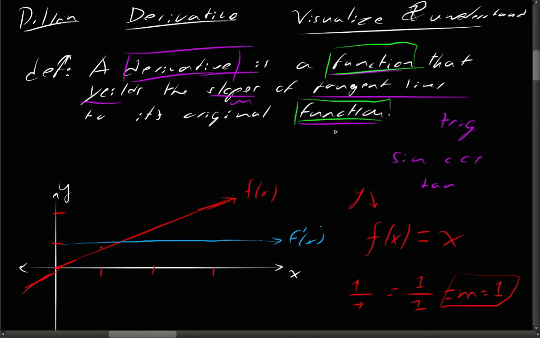And that derivative will also be a function. It's not going to have any asymptotes or anything, because they have to be within the same realm of possibility.